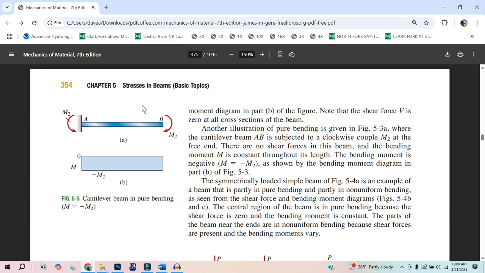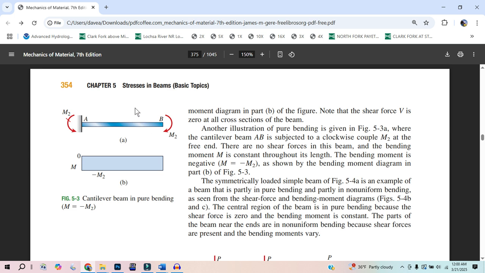Let's see. So that's where sign convention, you've got to be careful. Because when it comes to this moment, all we're interested in is whether we're going to get a smiley face or a frowny face. This moment, being negative, means that this beam will look like a frown.